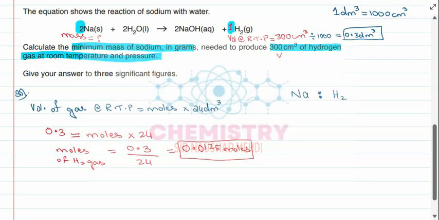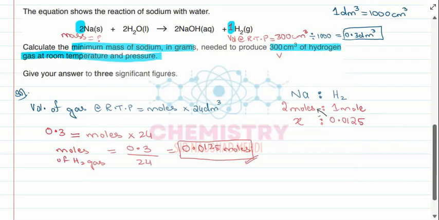So according to the balanced equation, the moles of sodium are 2 moles, and for hydrogen we have 1 mole. Now we have already determined the moles of hydrogen gas, 0.0125. So below hydrogen I will write 0.0125 moles, and if 0.0125 moles of hydrogen gas are given to you, then what moles of Na would be required? That would be X moles.